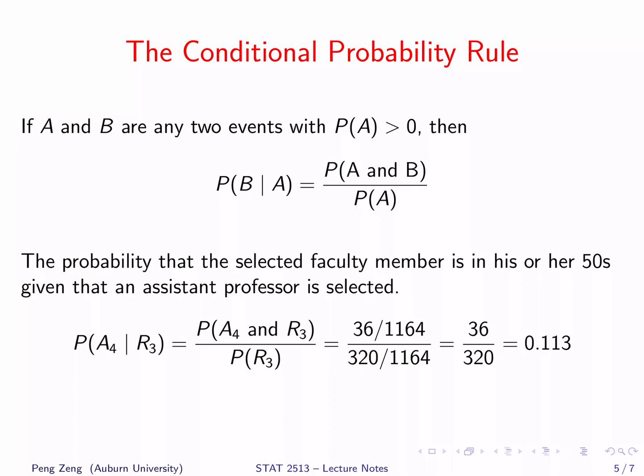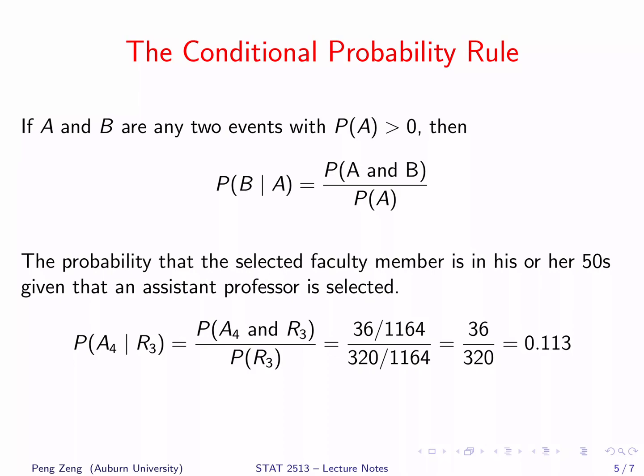We may apply this formula to the problem we just discussed. What is the probability that the selected faculty member is in his or her 50s, given that an assistant professor is selected? Apply the formula. The numerator is probability of A4 and R3.